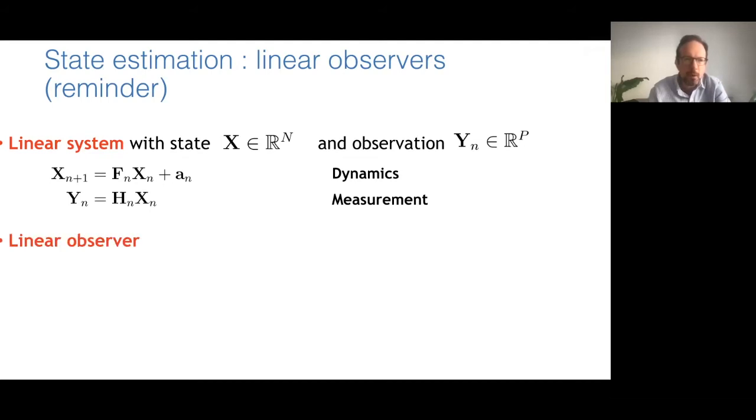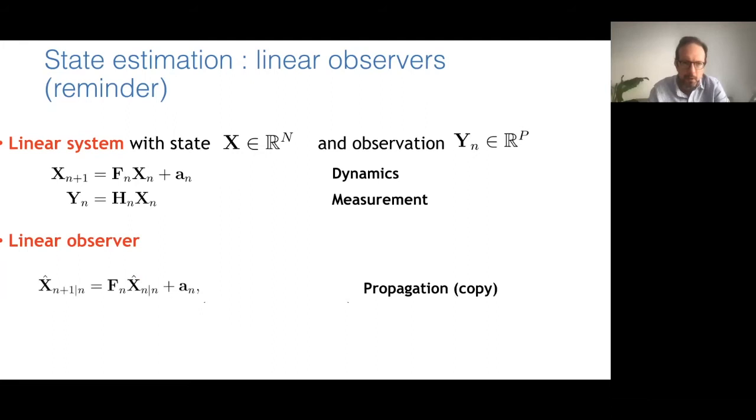So the goal of state estimation, or observer design, or filter design, is to estimate the state X, which is unknown, from the measurements Y, which are an incomplete indication of the state, and from the dynamical model as well. So linear observers, this is how they work.